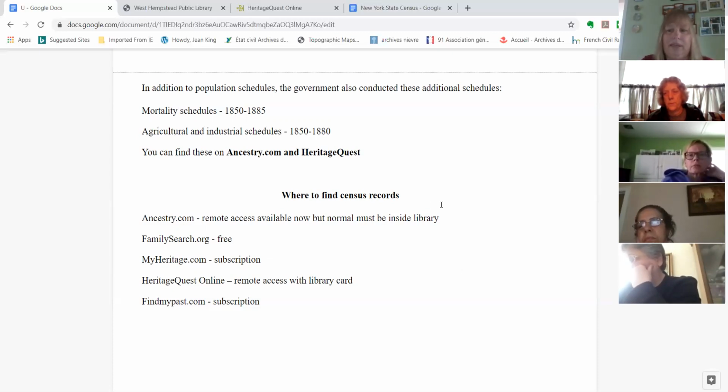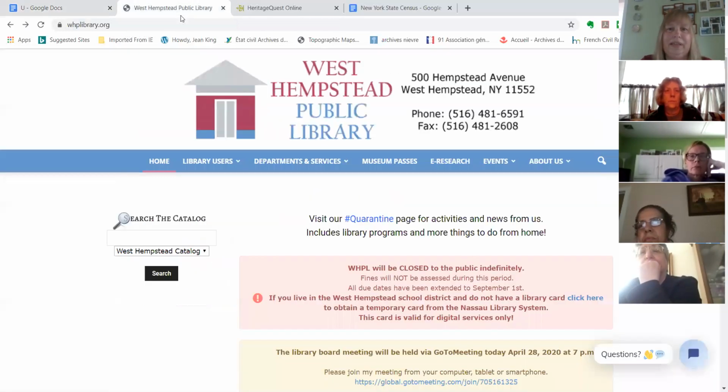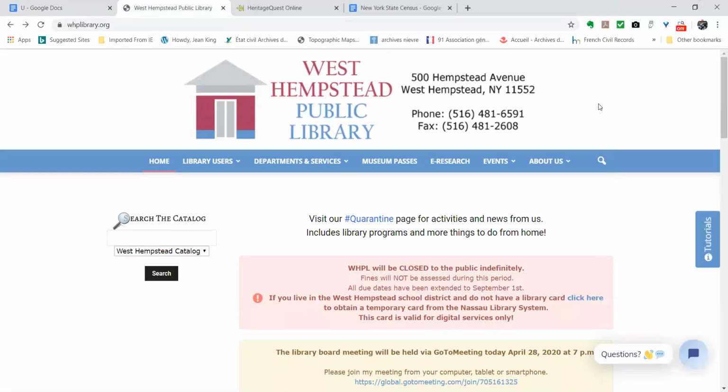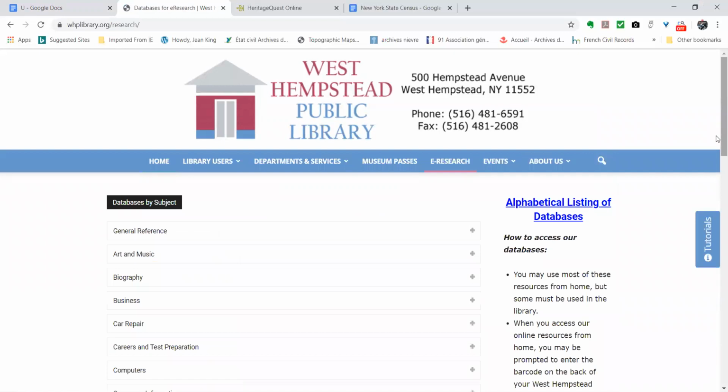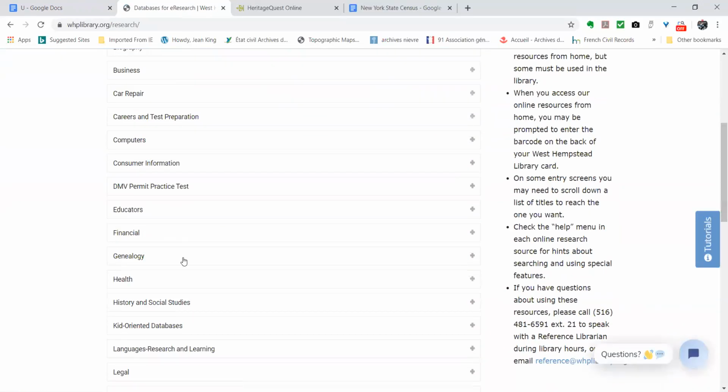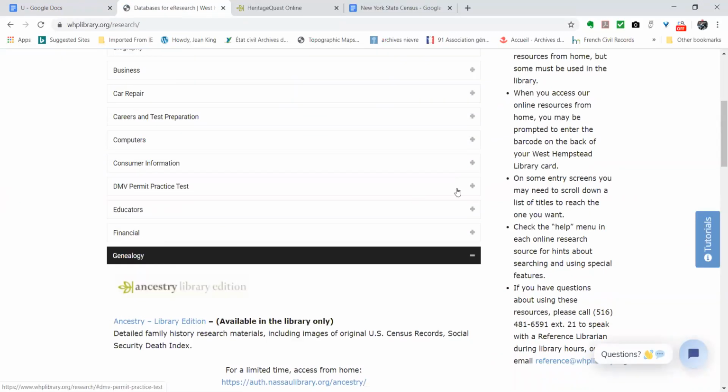So let me switch over. Let's see if this will work. Okay, so we see the library website. For anybody who hasn't been on our website, we're going to start at eResearch. I'm going to scroll down to genealogy.